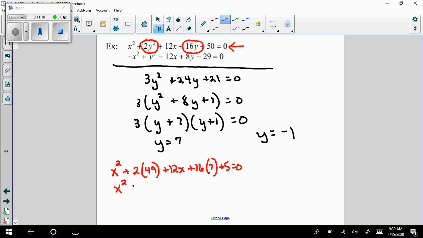So x squared plus 98 plus 12x plus, actually, all right, so this 7 right here should be a negative 7.